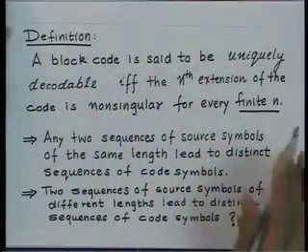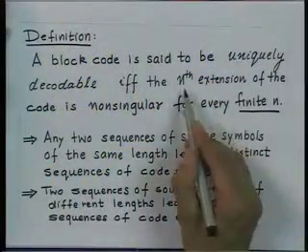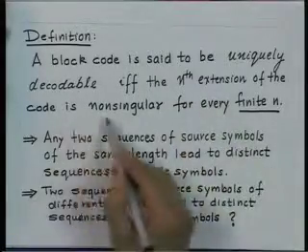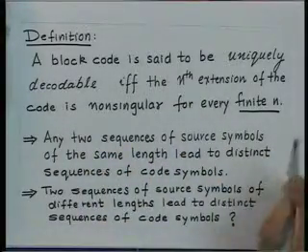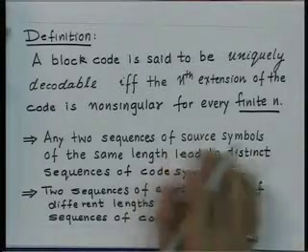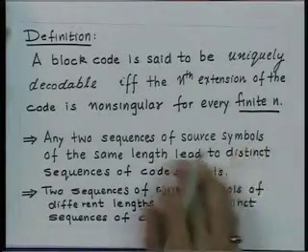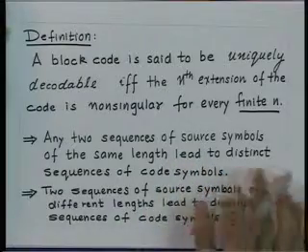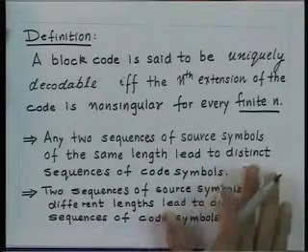Now, once I have this definition of uniquely decodable codes, where the nth extension of the code will be non-singular for every finite n, it implies that any two sequences of source symbols of the same length will lead to distinct sequences of code symbols.